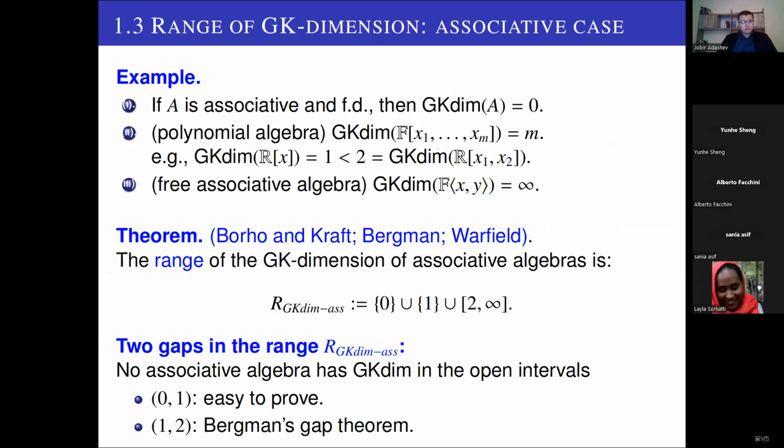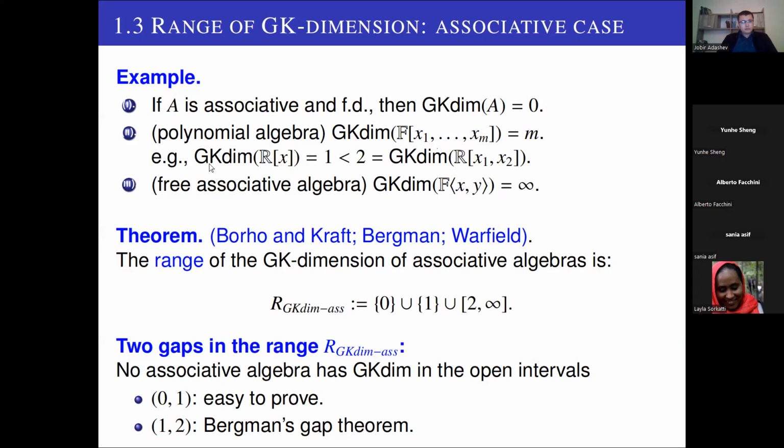Let me show you some examples. First, if the algebra A is associative and finite dimensional, then the GK dimension is 0. And if A is a polynomial algebra, the GK dimension is just the number of indeterminates.